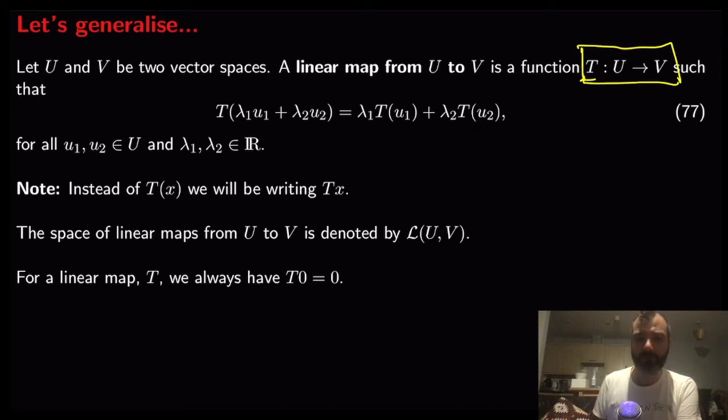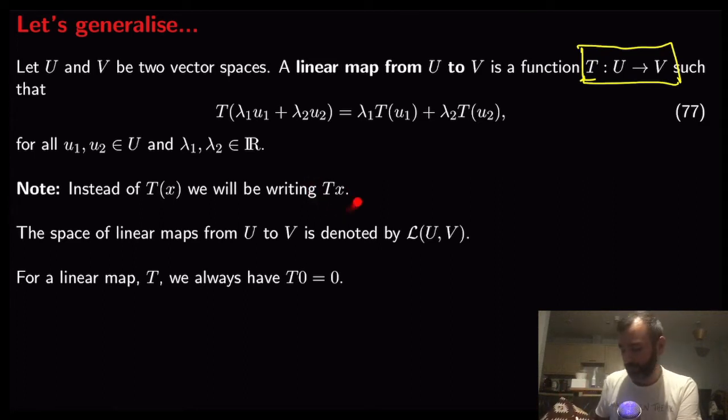Next, often instead of T(x), out of laziness, we will write Tx. Well, okay, that's not entirely out of laziness. There is one more reason. T(x) looks like a function. Tx pertains to the notation we use with matrices, like multiplication.